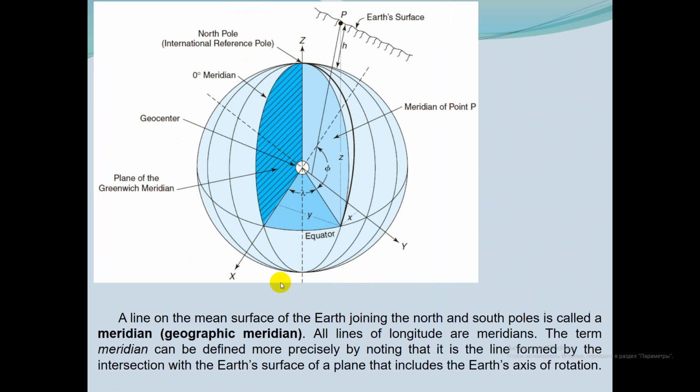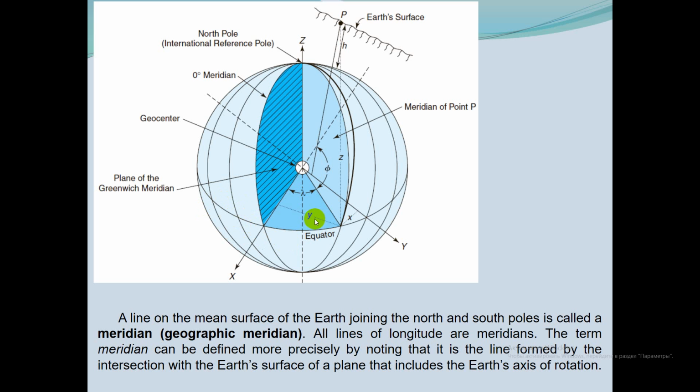Meridians. A line on the surface of the Earth joining the north and south poles is called a meridian or geographic meridian. All lines of longitude are meridians.